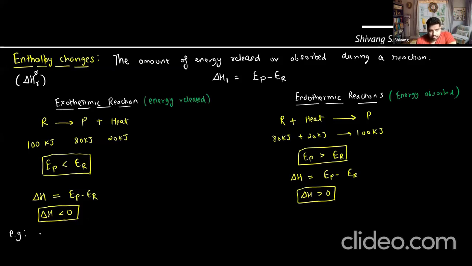So examples of exothermic reactions are combustion, where we heat anything in excess of air, in presence of air. Then you've got all formation or combination reactions. These are your exothermic reactions. Neutralization reactions are exothermic.